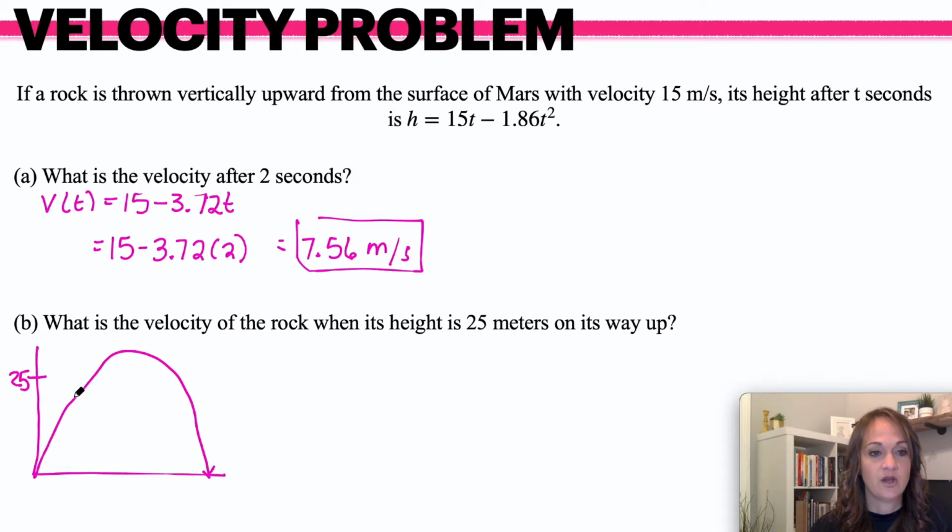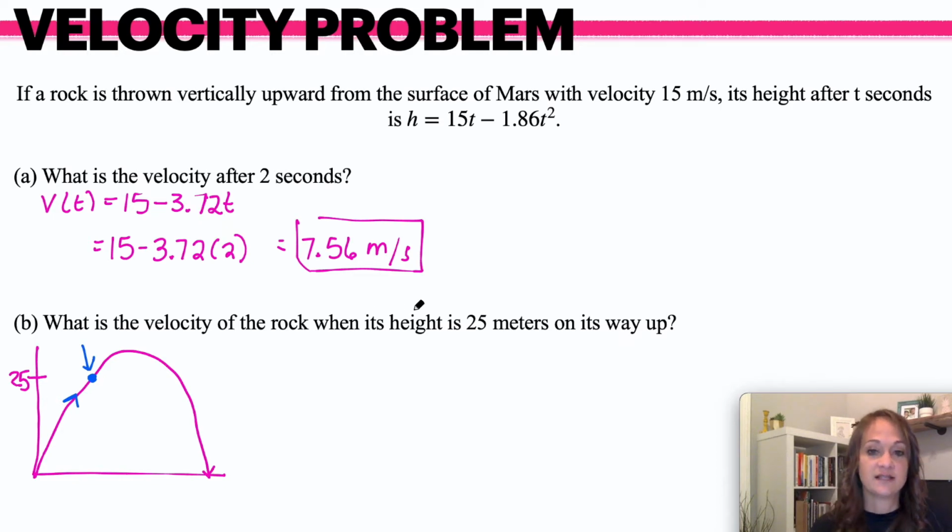So we want to know as it's on its way up, what is the velocity at this point when it reaches 25? They want to know at a certain number of seconds when it's 25 meters up, what is the velocity at that point?